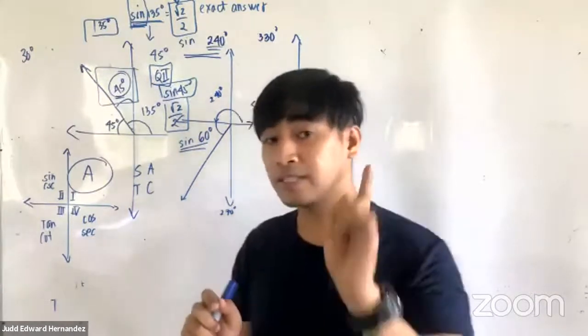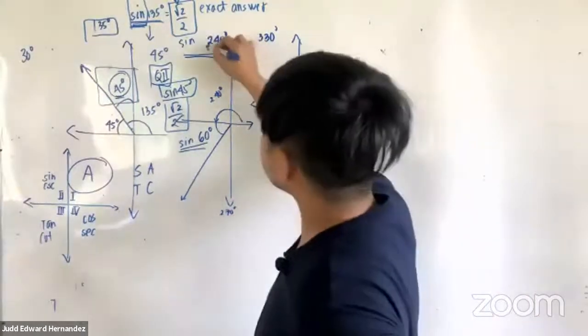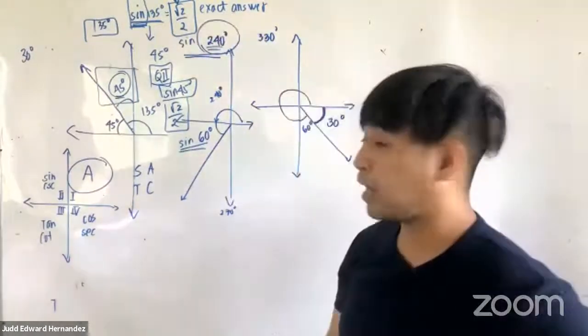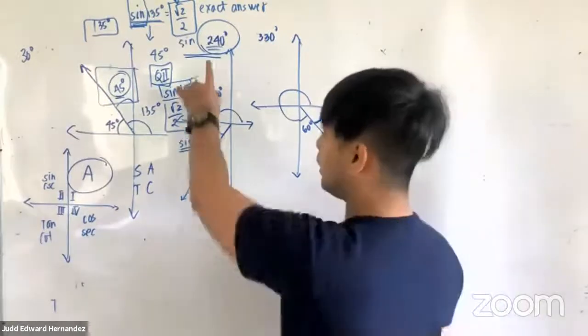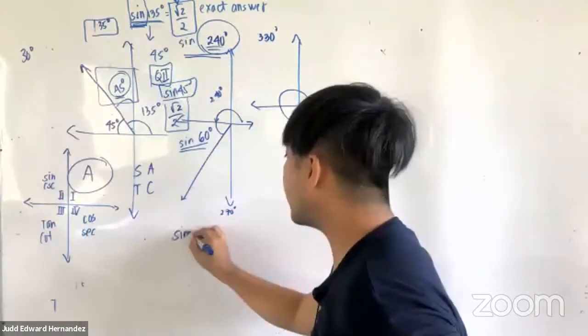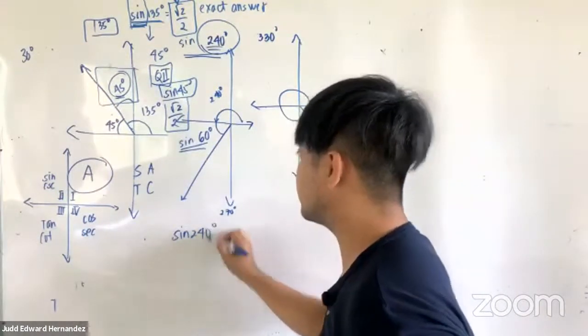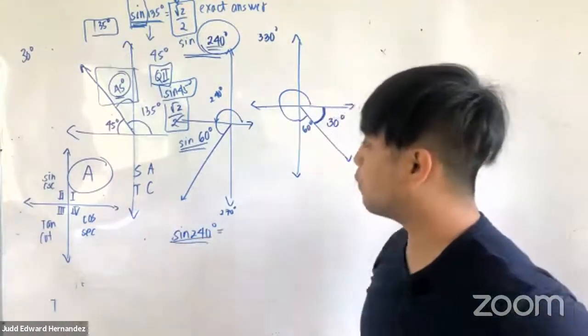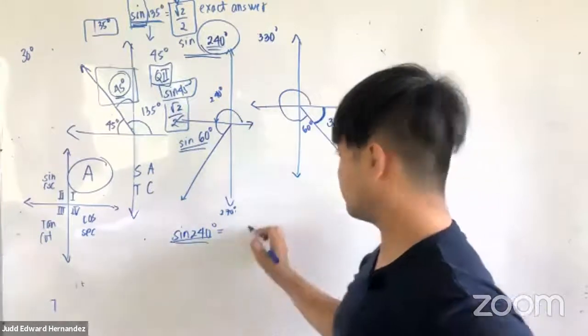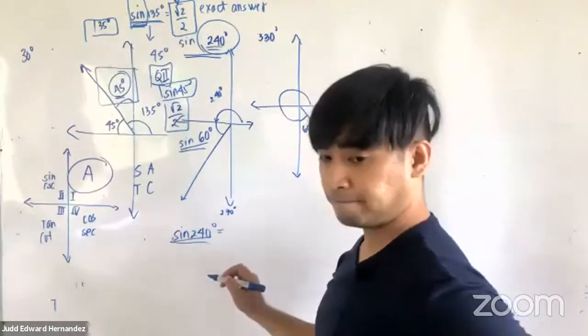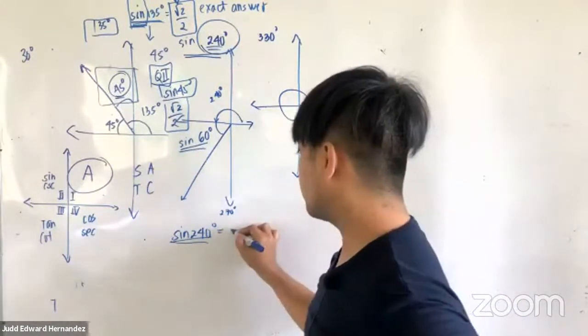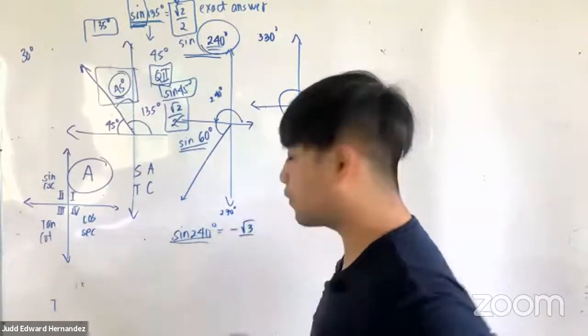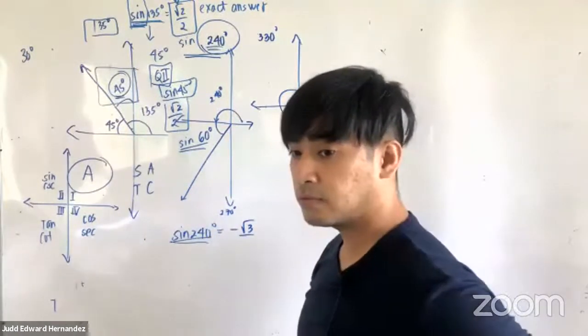Okay, so let's have another example. This is 240 degrees. Tama po? Okay, paki-type nga po, sine 240 degrees. What is the answer for sine 240 degrees? That is negative square root of 3 over 2.